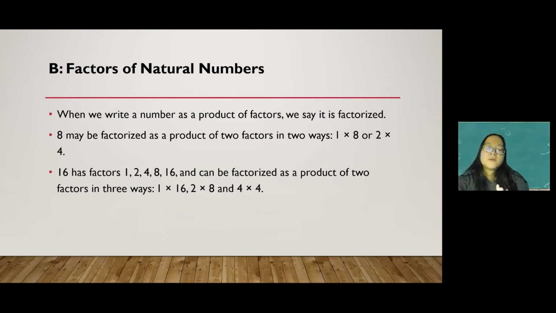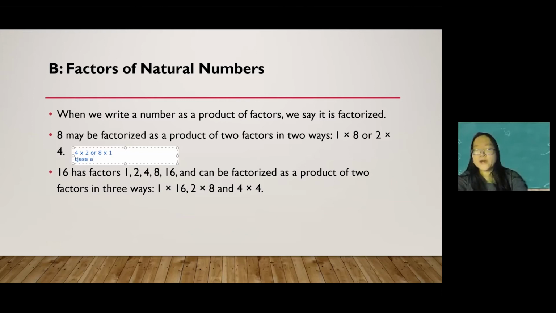Okay. 8 may be factorized as a product of 2 factors in 2 ways, 1 times 8 or 2 times 4. Notice that we do not consider 4 times 2 or 8 times 1 as different ways to factor it, because 4 times 2 is still the same as 2 times 4, and 8 times 1 is still the same as 1 times 8. Okay, so it can only be factorized as a product in 2 ways.